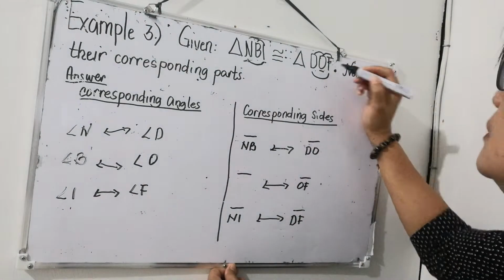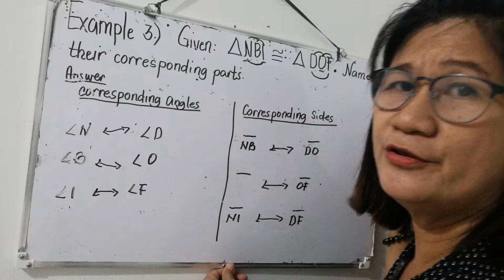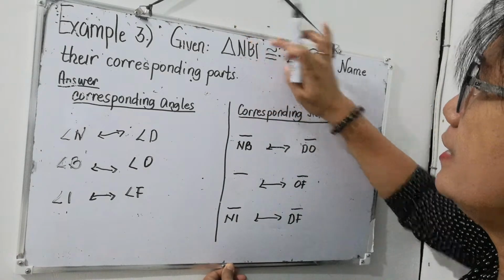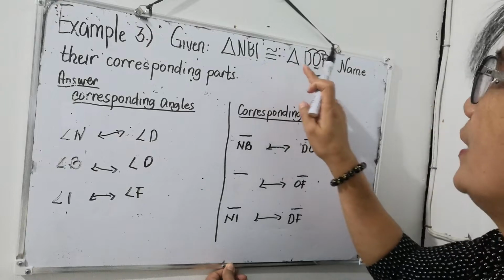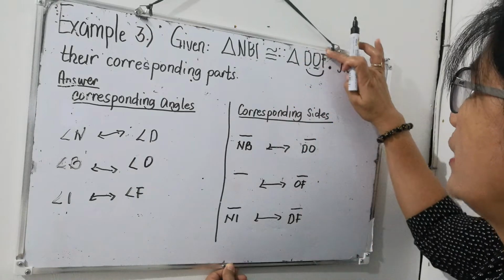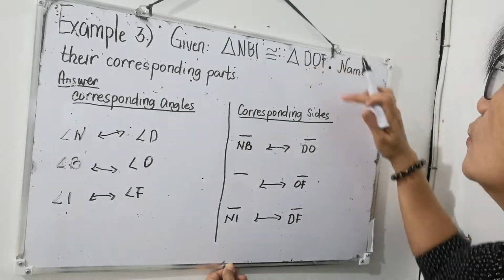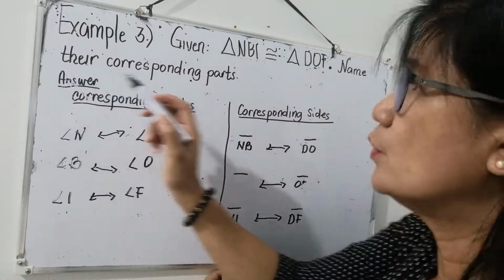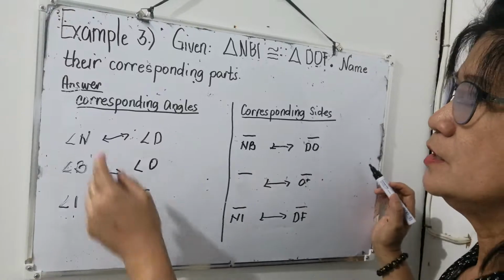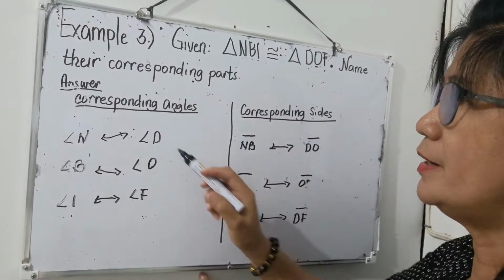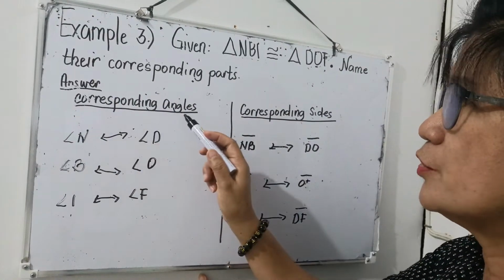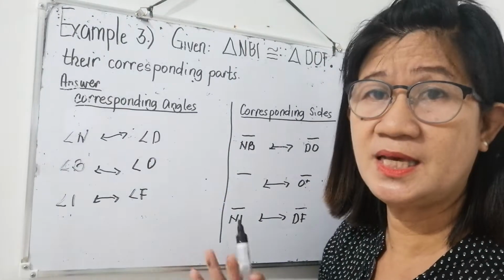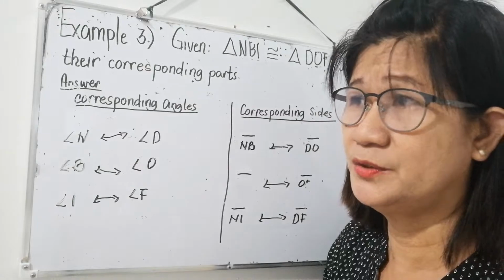Okay? So, in example number 3, given: triangle NBI is congruent to triangle DOT. Okay? So, let's name their corresponding parts. So, let's start from their corresponding angles. Sasabihin nyo, ma'am, bakit wala naman pong nakikitang triangles? Nasaan yun?